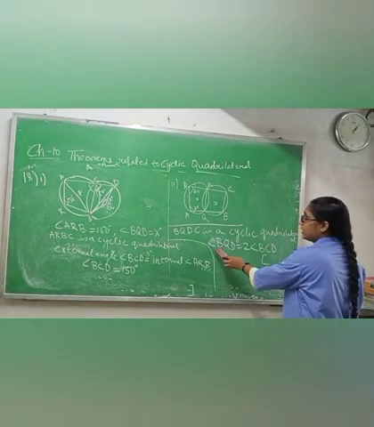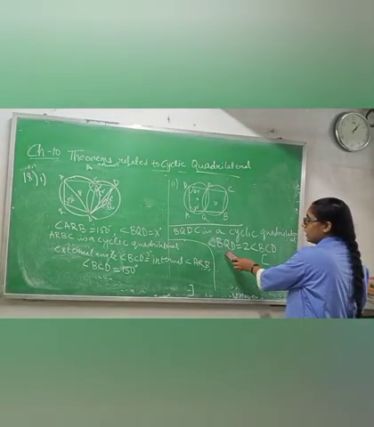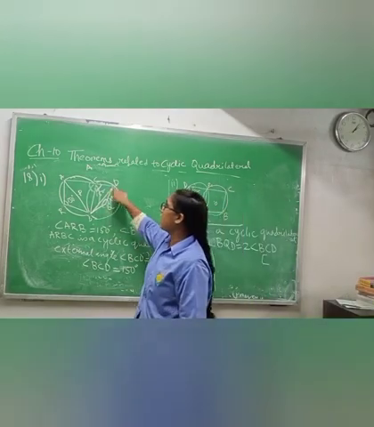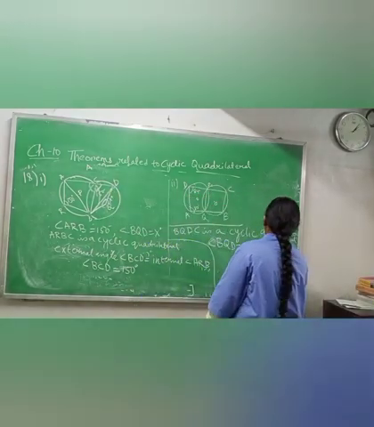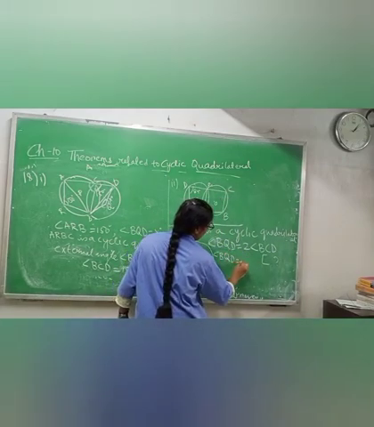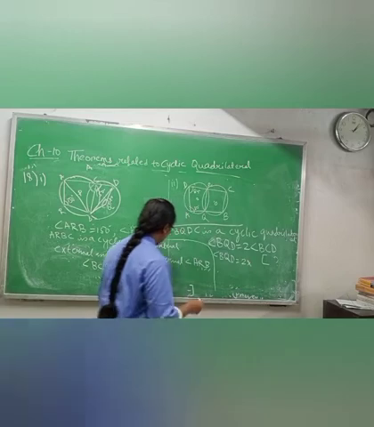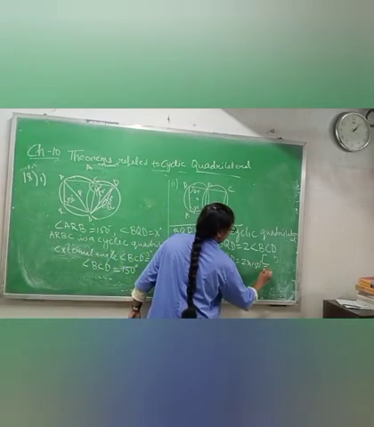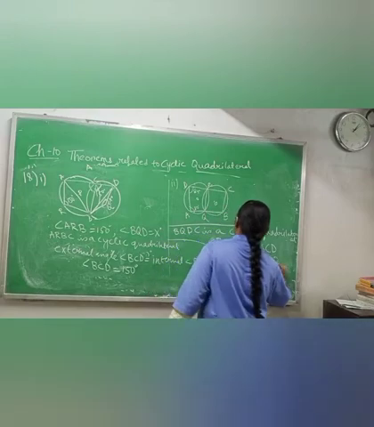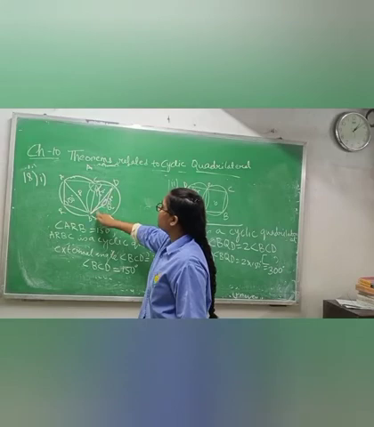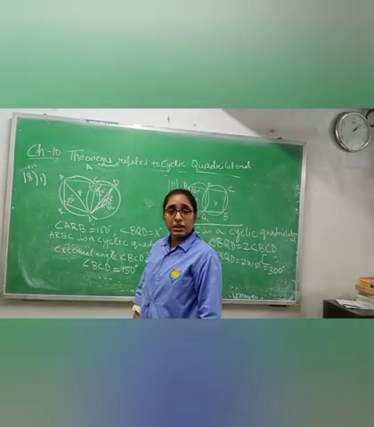Angle in the center, this is center angle BQD, is always double the angle on the circle, and BCD is angle on the circle. So BQD equals 2 into BCD. The value you got is how much? 150 degree. So 2 into 150 degree equals how much? 300. Means BQD, this inside one, you are getting 300 degree.